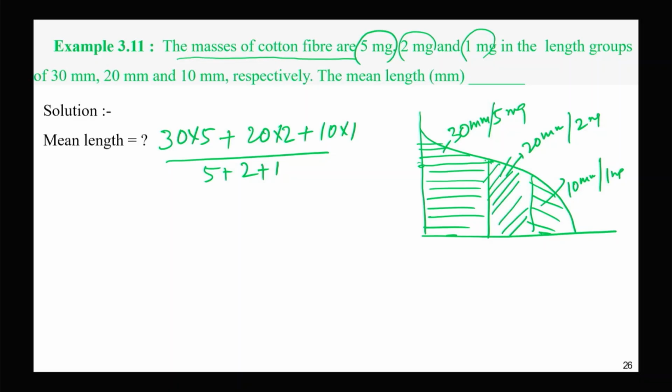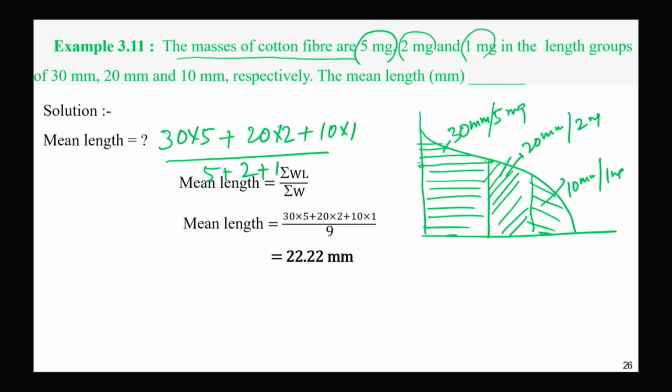So in this way we can calculate the mean length based on the mass. Okay, this will be 8, sorry, 5 plus 2 plus 1.